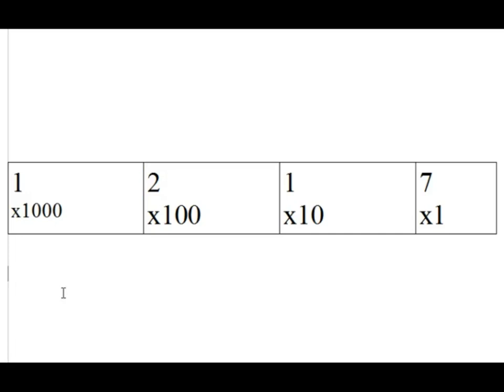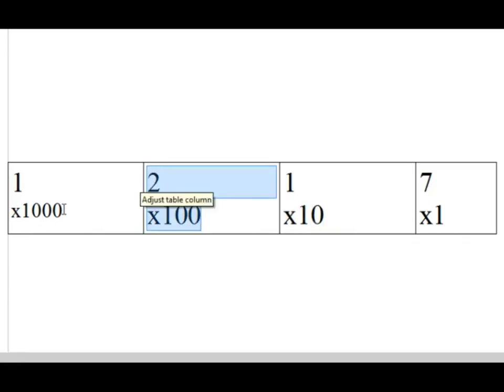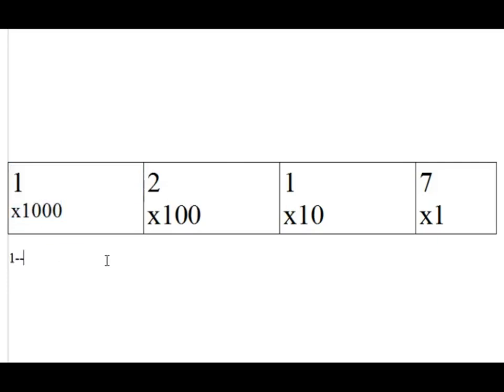So, in this case, the value of the number that we can see here changes depending on the position. And so we are using a multiplication system, because this effectively means 7 times 1. This means 1 times 10, 2 times 100, 1 times 1,000. You then add all those together. So it is still an additive system, but it's also a positional system. So you add those together, and that gives you your total.